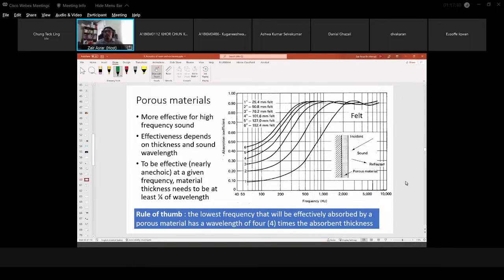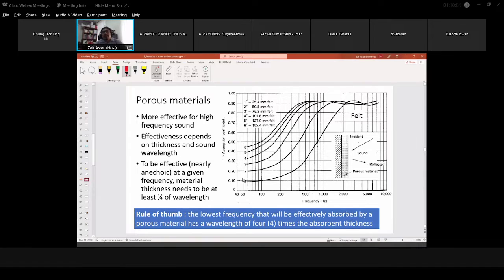Alright, so this is an example of the performance of the absorption coefficient of felt against frequency as well as thickness. Okay, so we can see that we have one here corresponds to the thinnest felt, about 1 inch felt, and then it goes on to 6 inch felt.